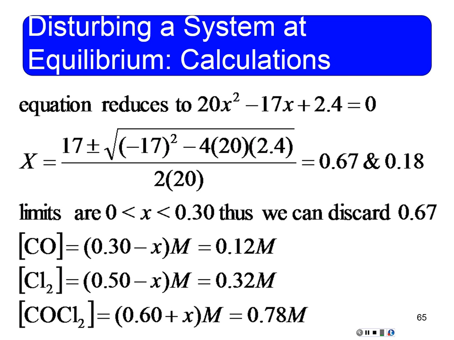Which way it shifts tells you if it's positive products or negative products or vice versa, what our signs are going to be for the ICE method. Okay? You set up your ICE method to solve for x. You plug it into Kc again, equal to whatever that value is for Kc. You reduce it, put it in the quadratic formula, find x, and then you go back and plug in x for your concentrations to get your new ones. Okay.